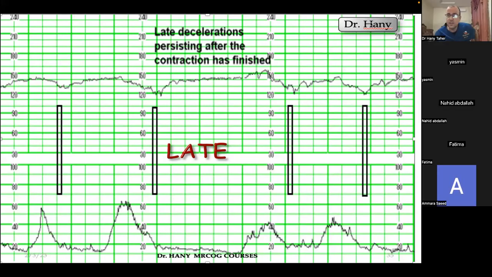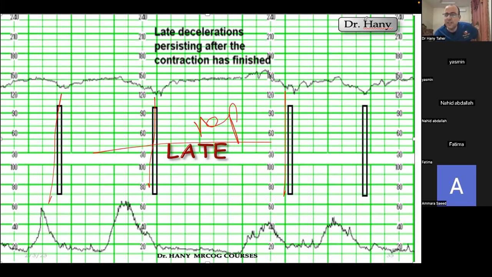These seem to be late because they come after the contractions. Yes. Now we need to see whether it is 30 minutes or less than 30 minutes, in which case it would be suspicious, and whether it is repetitive. Excellent. This is repetitive, late with each contraction.